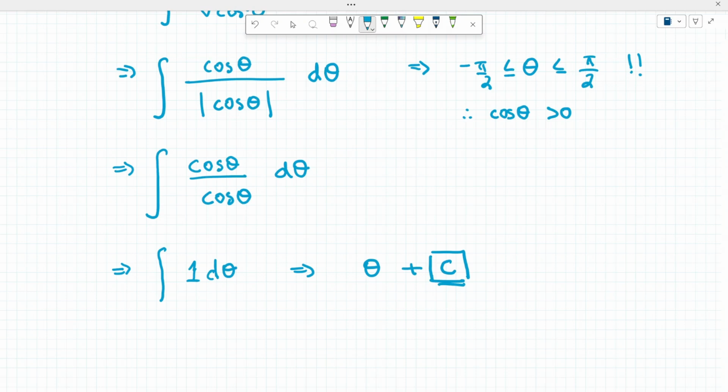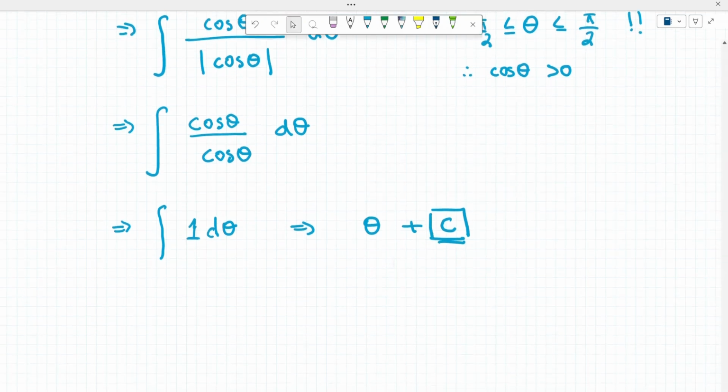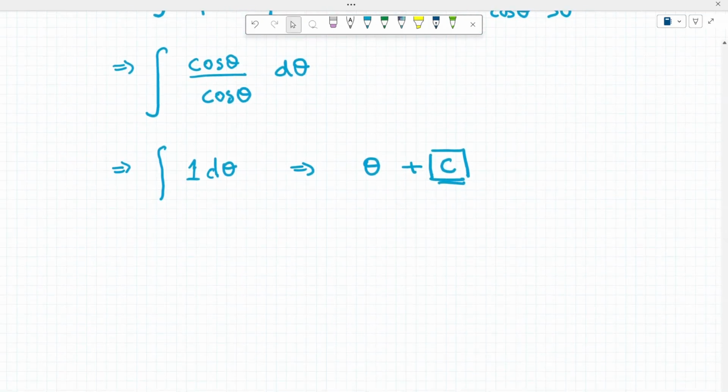And the last thing we have to do is the substitution back. So we know we have the answer theta plus c. However, this problem was with respect to x. So how can we convert it back into x? This is where we have to recall that x equals sine theta.